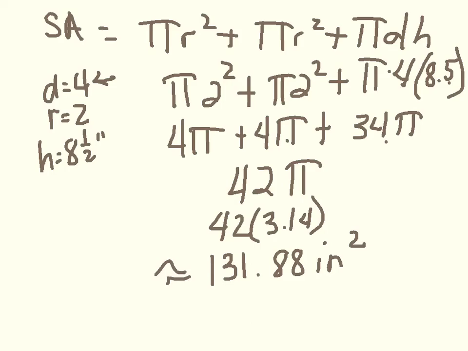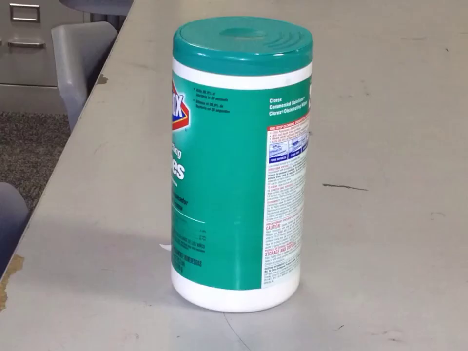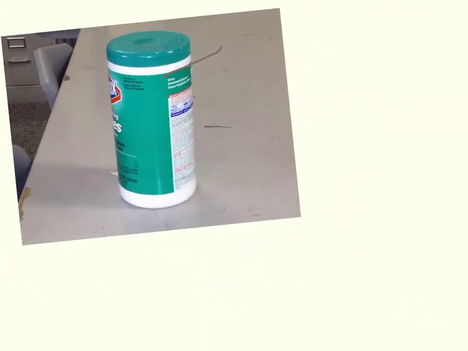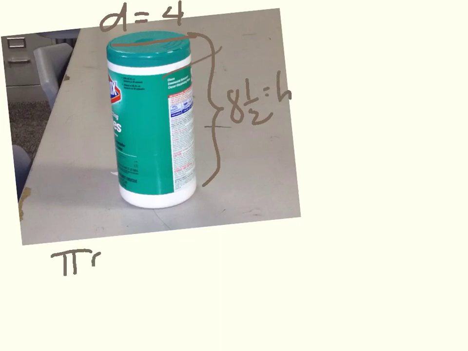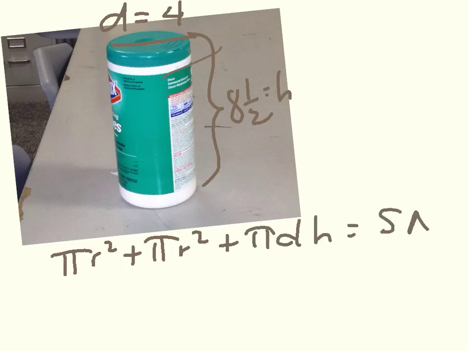So if I want to paint this cylinder, it's got a height of 8.5 and a diameter of 4. My formula for the surface area of a cylinder is pi r squared plus pi r squared plus pi times diameter times height. Plug in all my numbers, and I get 131.88 inches squared.